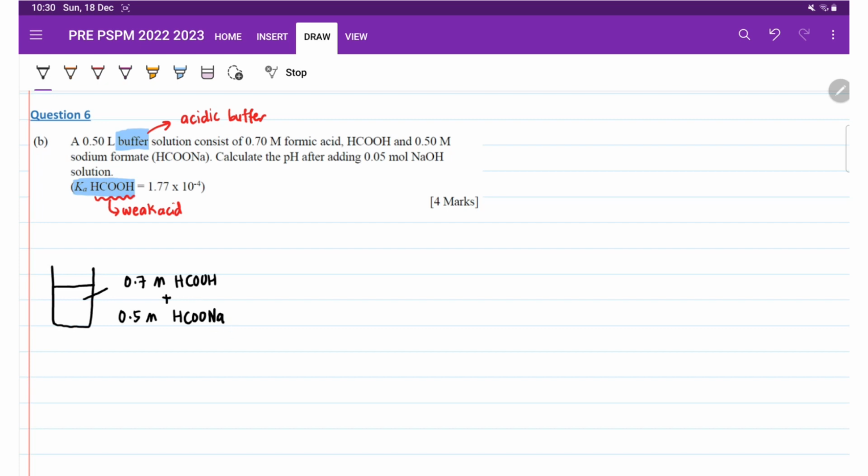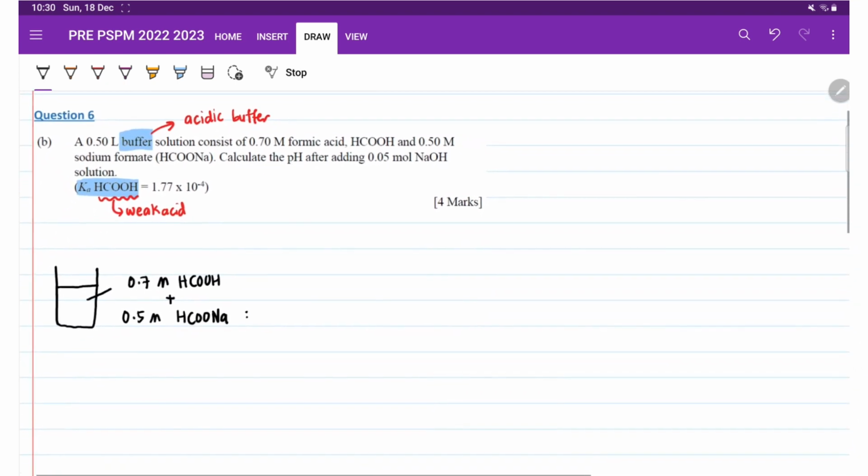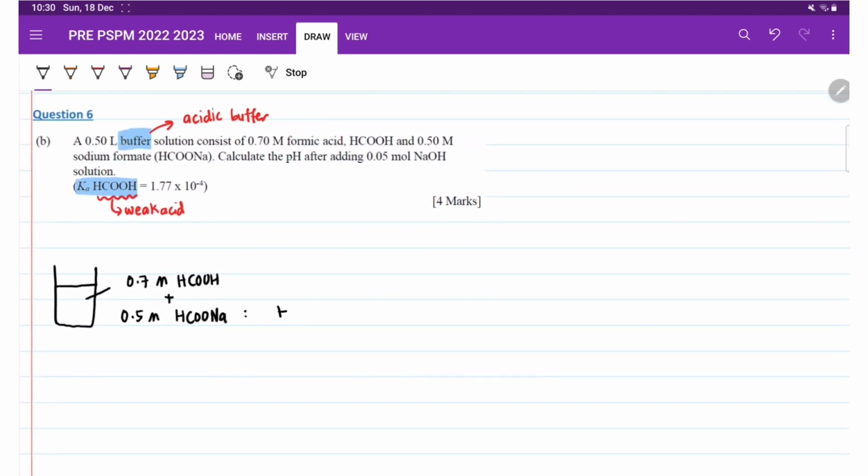Okay, jadi this is the salt yang mana kita punya conjugate base. So, kita akan tulis sikit dekat sini kita punya dissociation. Okay, as you know, garam kita akan completely dissociate. So, aqueous kita akan dapat dekat sini HCOO minus aqueous plus Na plus aqueous.